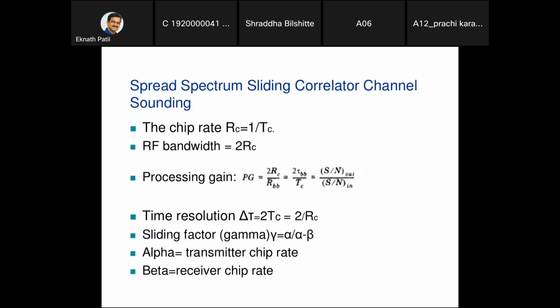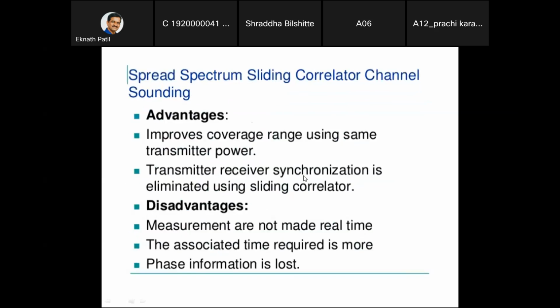Okay. Sliding factor is gamma, and it is equal to alpha divided by alpha minus beta. Alpha is the transmitter chip rate, and beta is the receiver chip rate. So this is about the sliding channel.